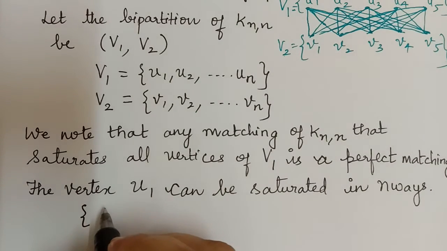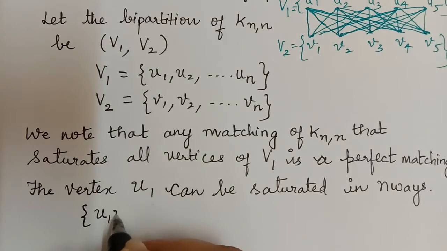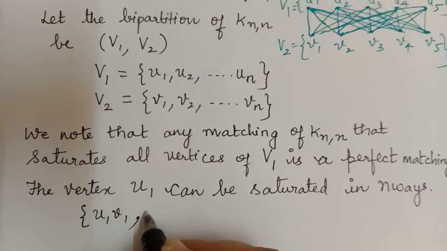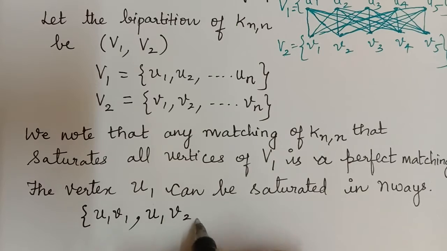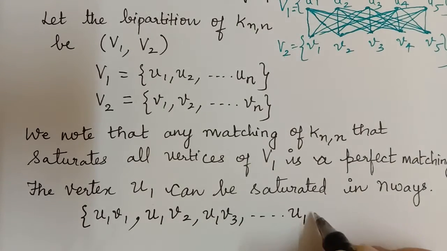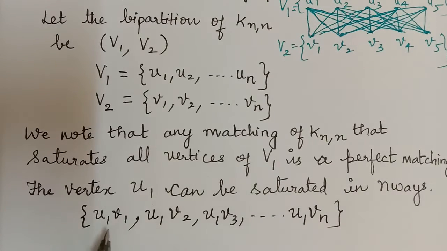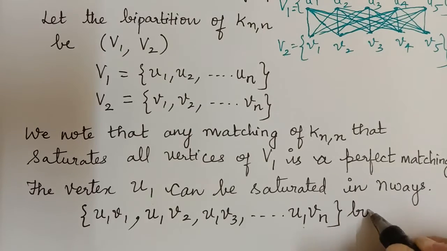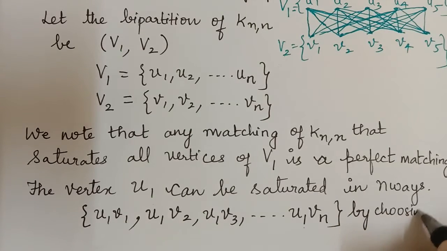By choosing any one of the edges u1v1, or u1v2, or u1v3, and so on, up to u1vn, any one of the edges we can have. So the vertex u1 can be saturated in n ways, and this can be done by choosing any one.